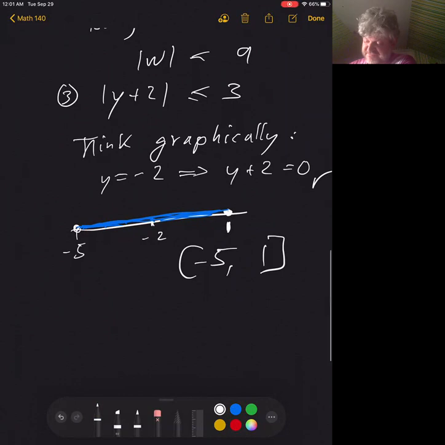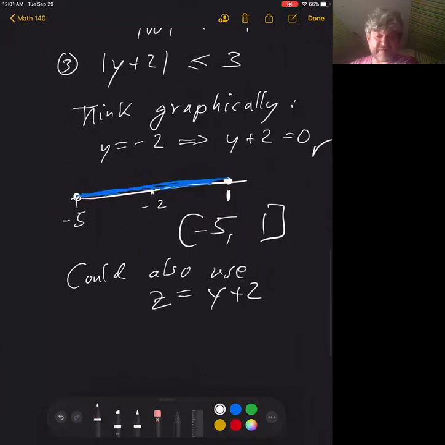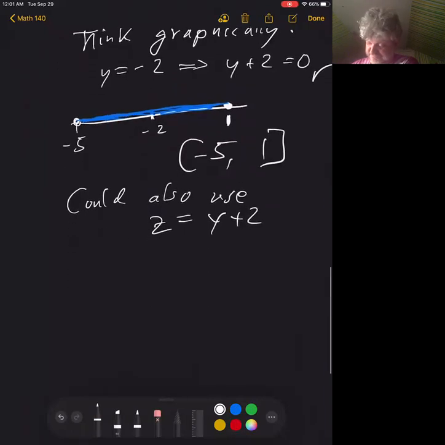In terms of a shift, if you want to really use that as a technique, you could introduce a new variable, z equal to y plus 2. So then you're looking at the absolute value of z less or equal to 3. Done that before, that's type 1.